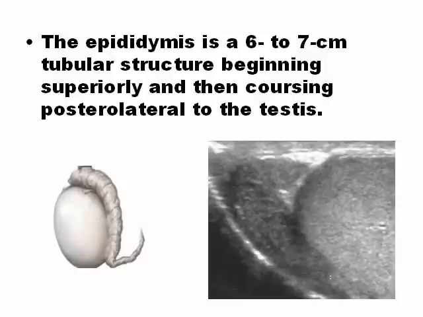The epididymis is a 6 to 7 centimeter tubular structure that is posterolateral to the testis. You can see in the ultrasound that the epididymis is slightly hypoechoic compared to the testicle.